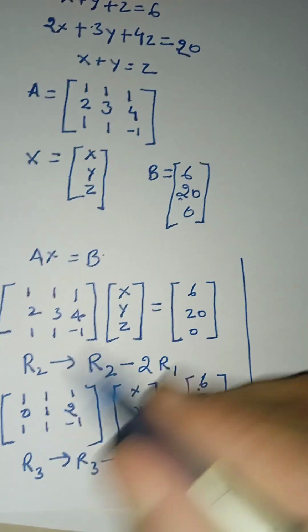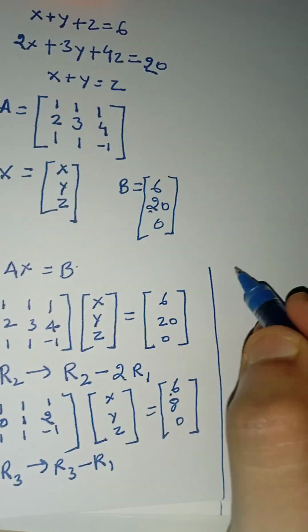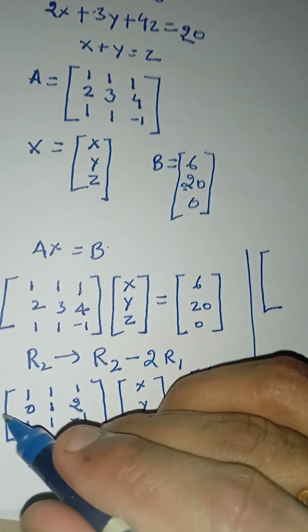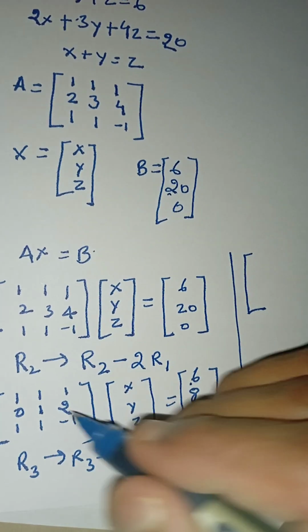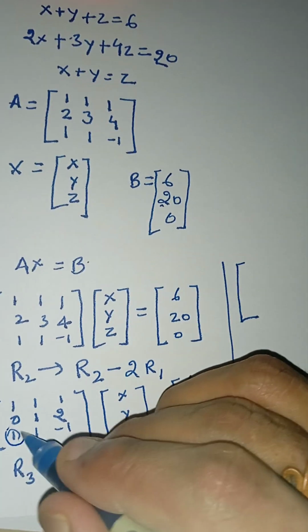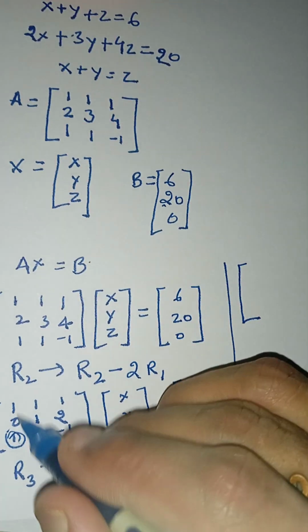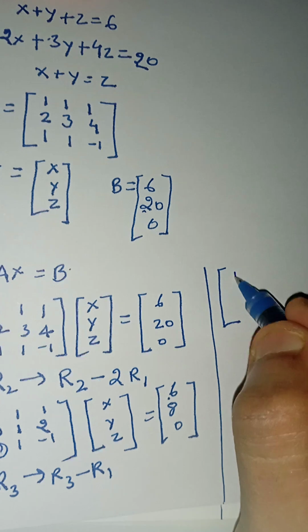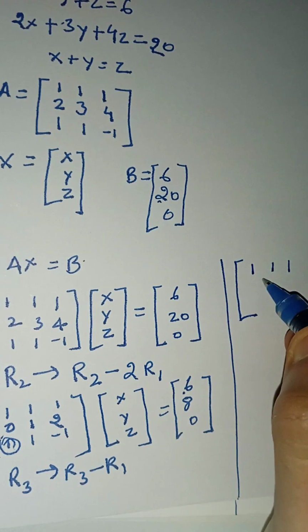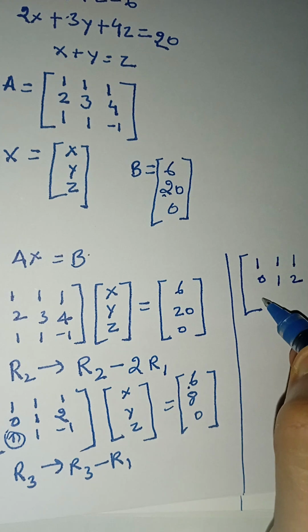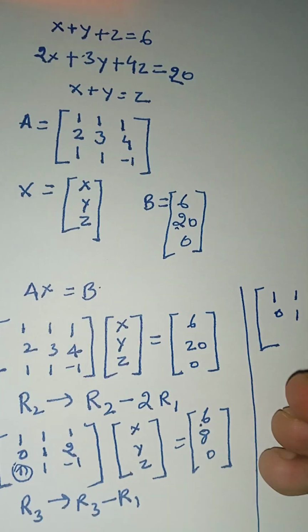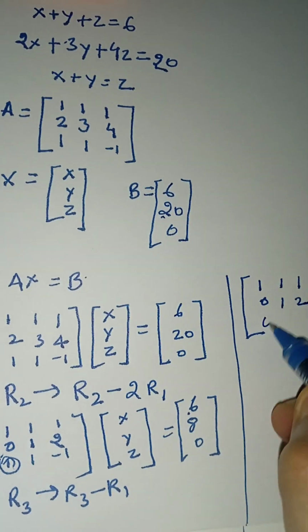The rest of the two rows will be the same, 1 1 1, 0 1 2, and R3 minus R1, so it will be 0.